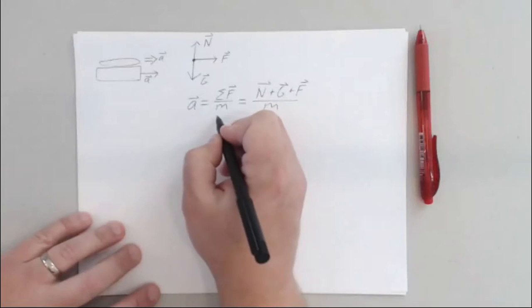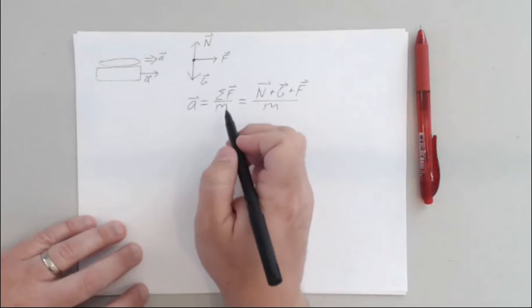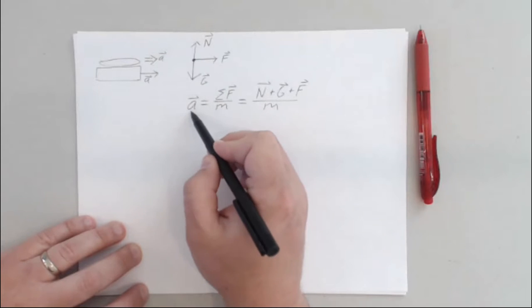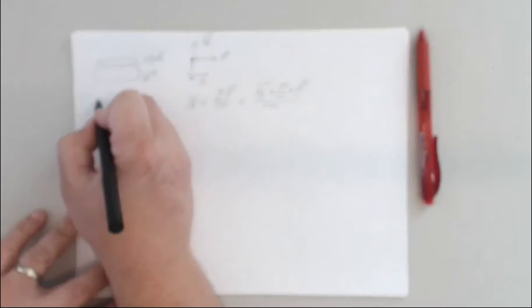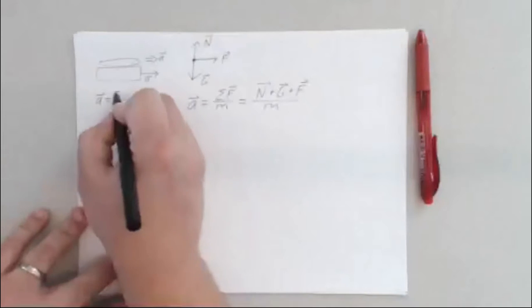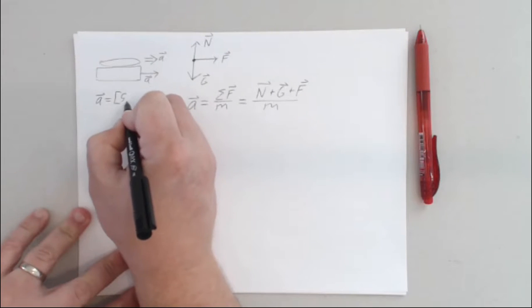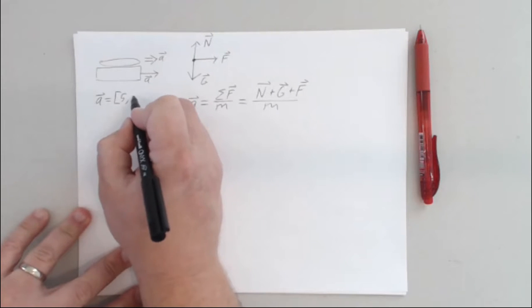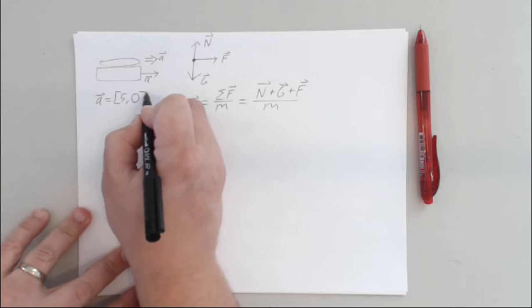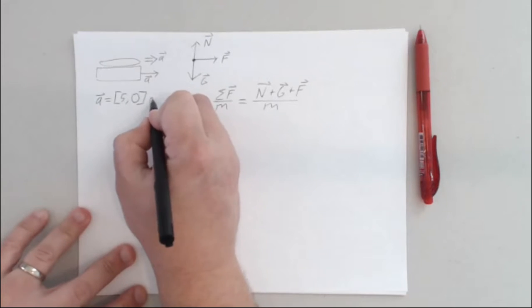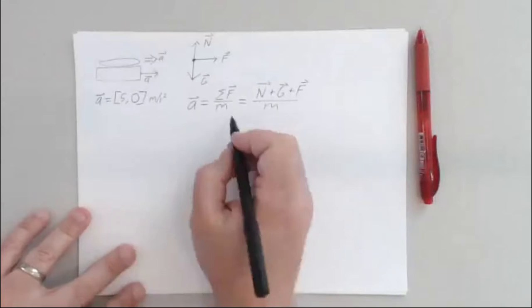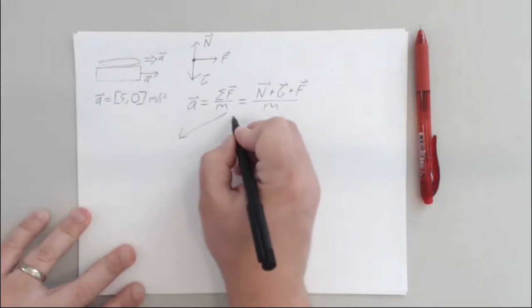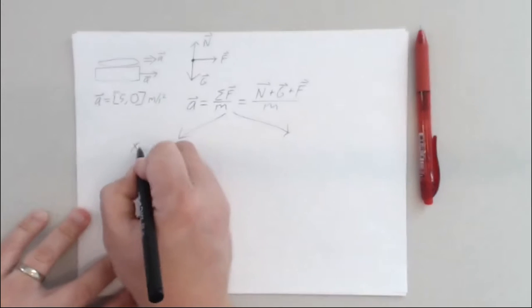Now I need to figure out how to split them up into components, right? Because the acceleration we need is going to be 5 meters per second to the right and 0 up or down, right? So let's split it up. We've got an X component over here.